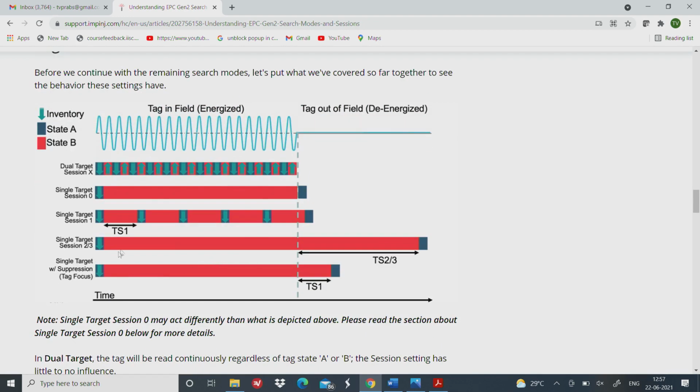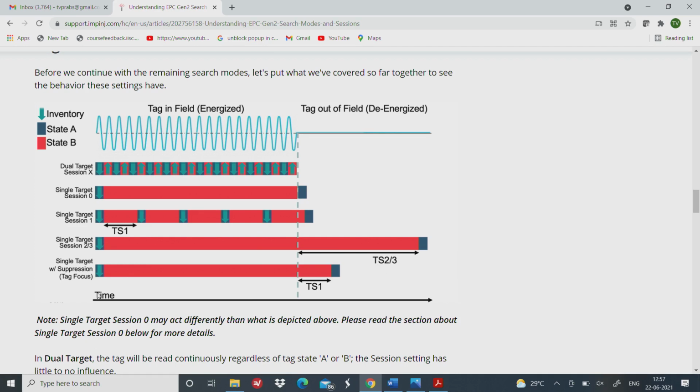Similarly, in sessions 2 and 3 there is hardly any difference between the two except these lengths, as you can see. You get one tag read, then you remove power, it has so much persistence that after you remove the power also, the tag continues to maintain whatever micro power it has with it, so that it can honor this state B, and then only it comes back to a point where it can be inventoried.